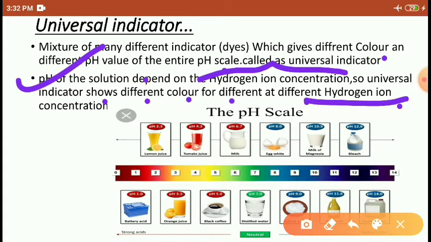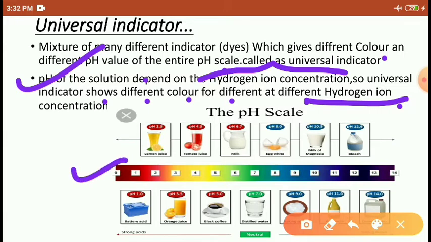If we match that color with the pH paper or pH scale, then we can know the acidic strength or basic strength of the solution. Right, students?